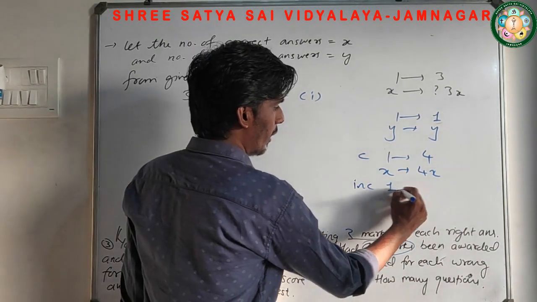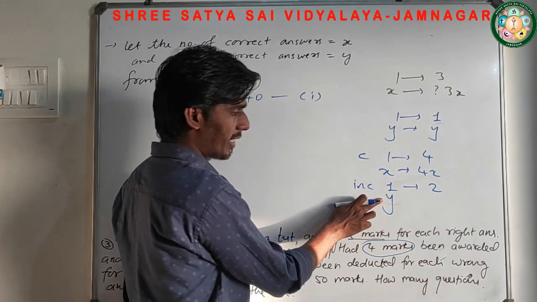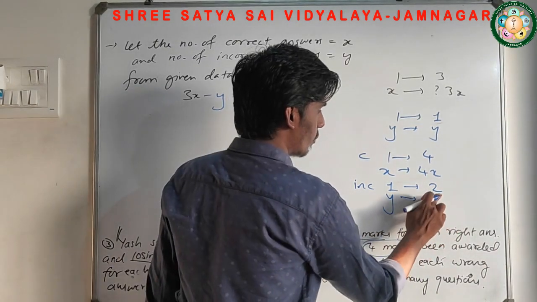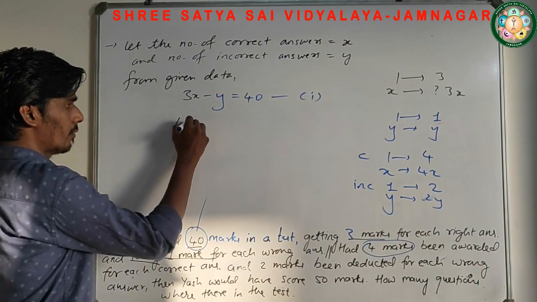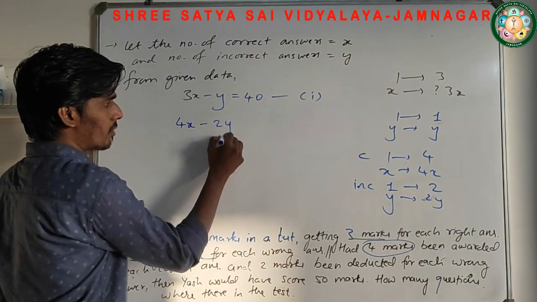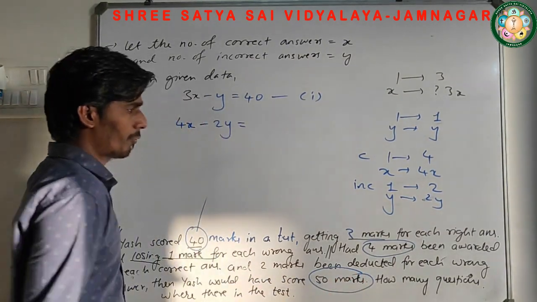For 1 incorrect answer, losing 2 marks, and there are y wrong answers, so it's 2y. So the second equation becomes 4x minus 2y. How much is scored? A score of 50 marks.